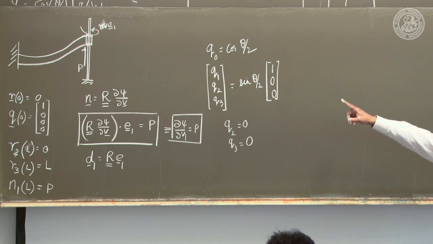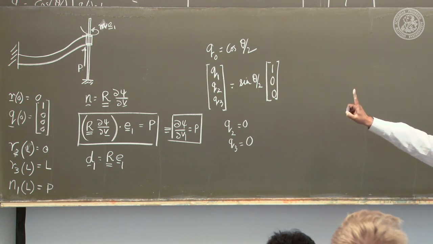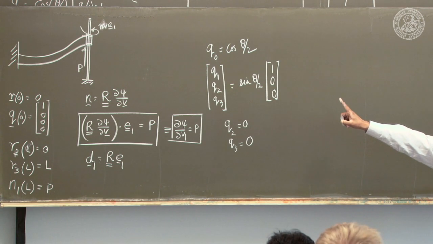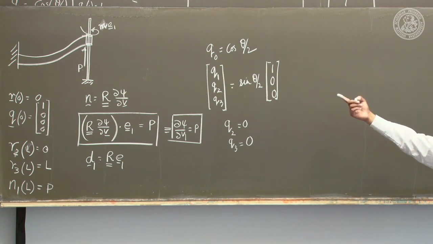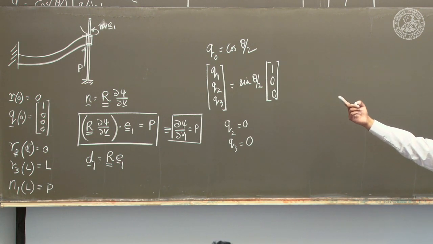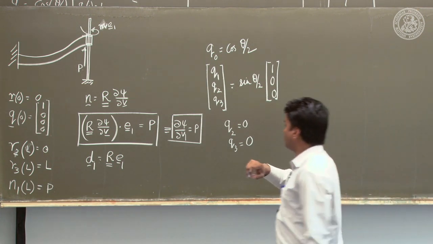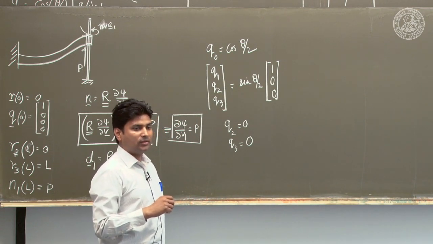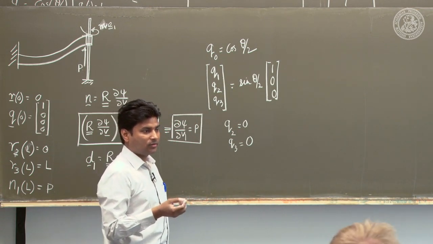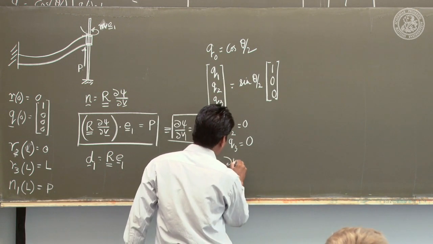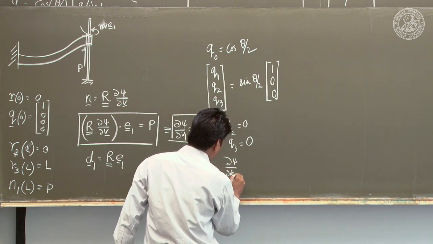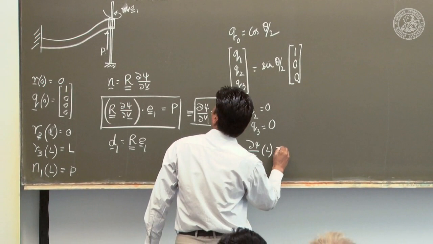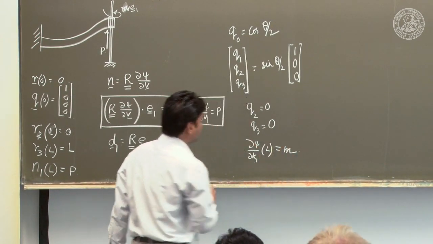That is the moment along E1 direction that is prescribed, and since E1 is same as D1, that is also the bending moment along D1. But what is the bending moment along D1? Del psi by del K1, right. So, that means del psi over del K1 at L is equal to little m.